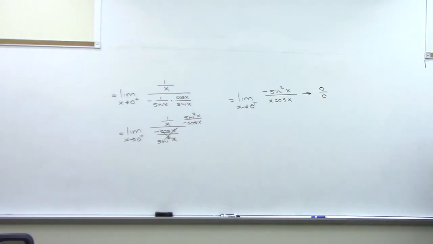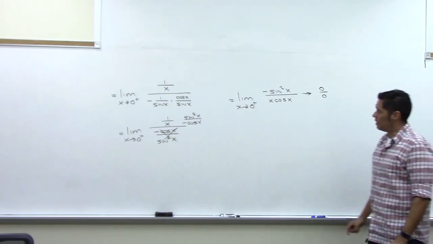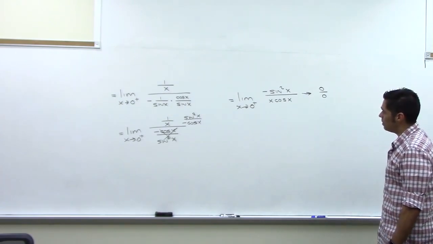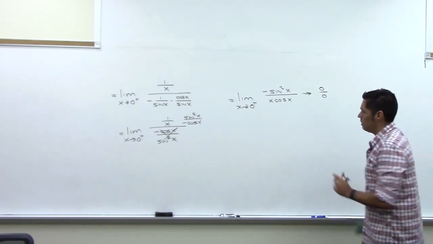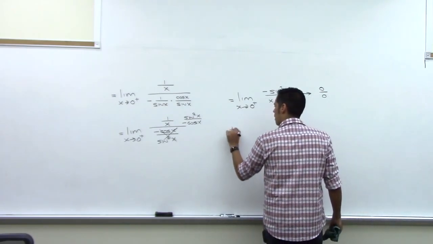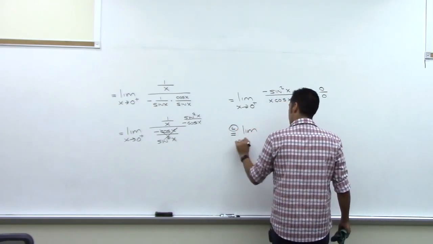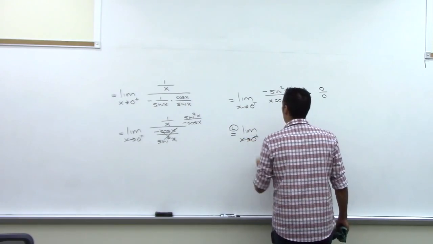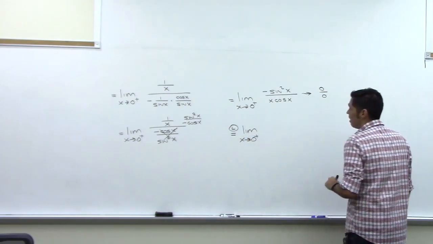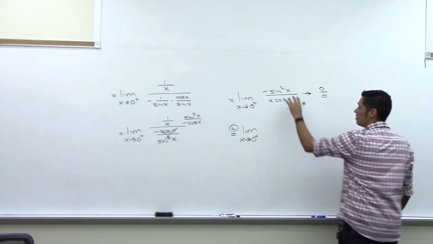I'm really hesitant to do L'Hopital again, because I could probably get this without L'Hopital. But I'm going to do it, because the section is about L'Hopital. I have to take the derivative of the top, and that's chain rule, because it's something squared.